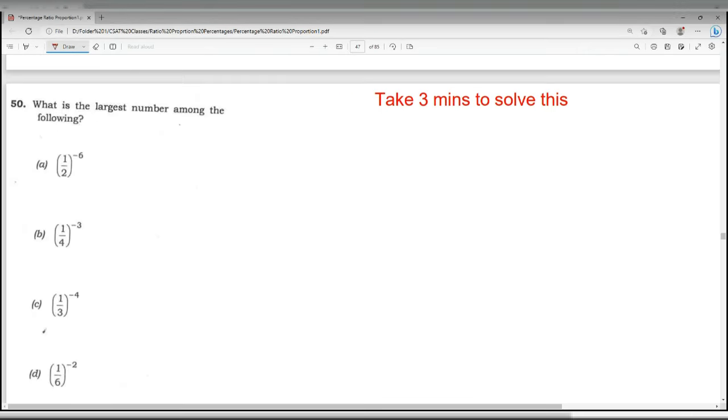So what they're saying is, what is the largest number among the following? So we know from the laws of indices, 1 by 2 is equal to 2 raised to minus 1. Raised to the power of minus 6, here this is minus 1 into minus 6, that is equal to 2 raised to 6.